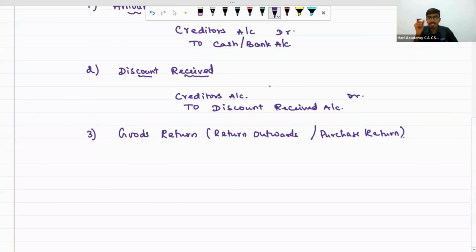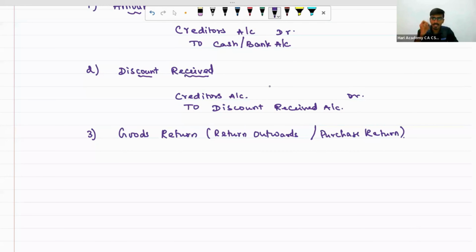Purchase goods have been returned, or they will specifically give the word returned in your examination, or they specifically give the word purchase return. For those goods returned, you need to reverse the original entry.